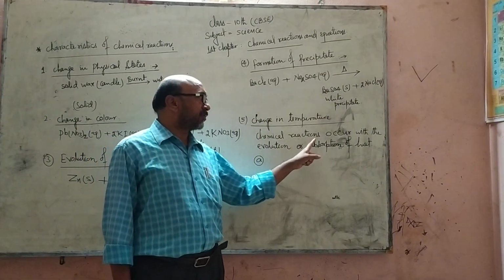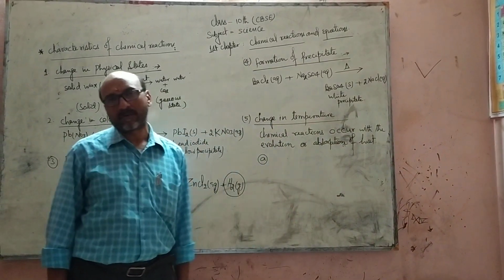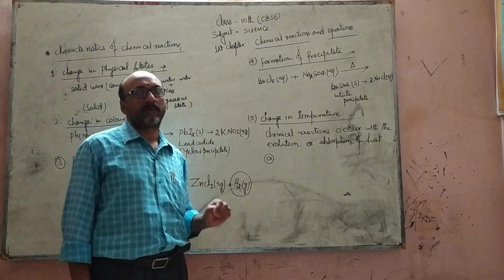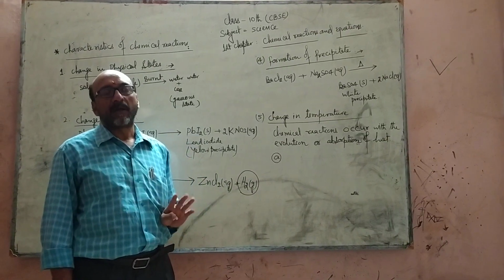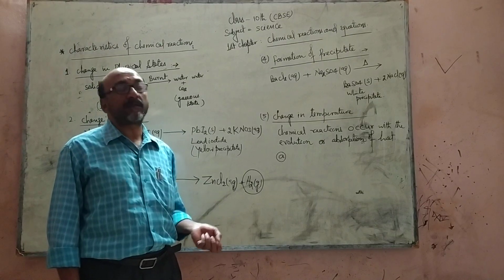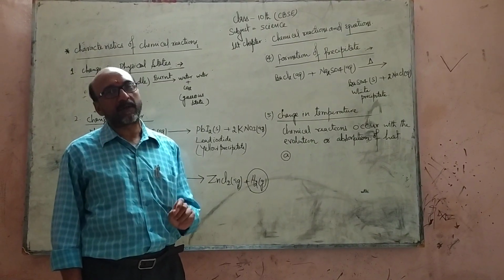All chemical reactions occur with the evolution or absorption of heat. The chemical reactions in which heat is evolved are called exothermic chemical reactions, and the chemical reactions in which heat is absorbed are called endothermic chemical reactions.